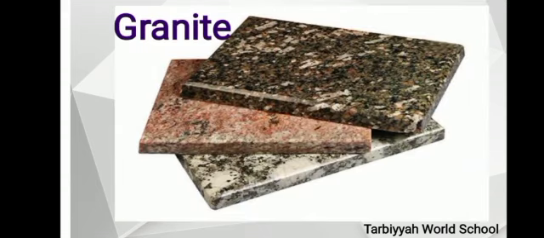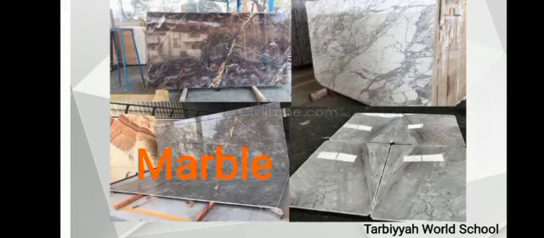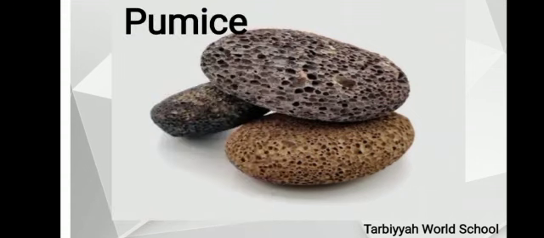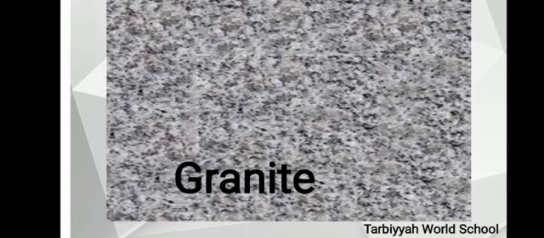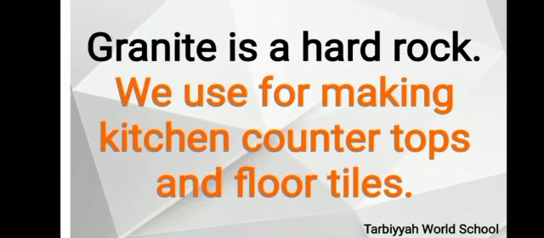Rocks such as granite, marble, pumice, and diamond, that we might have seen or heard about. Let's learn one by one in detail. Granite is a very hard rock. It is used for making kitchen counter tops and floor tiles.